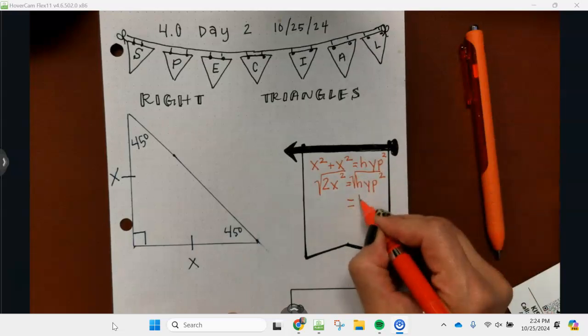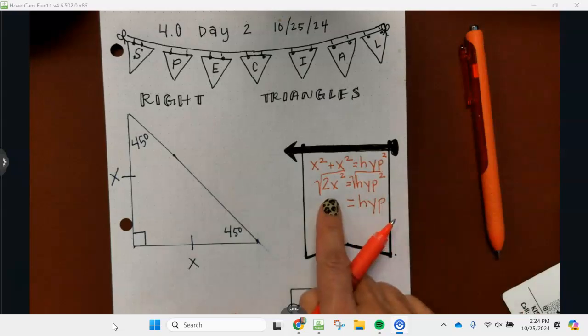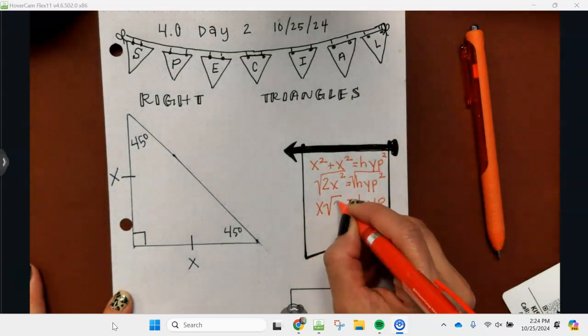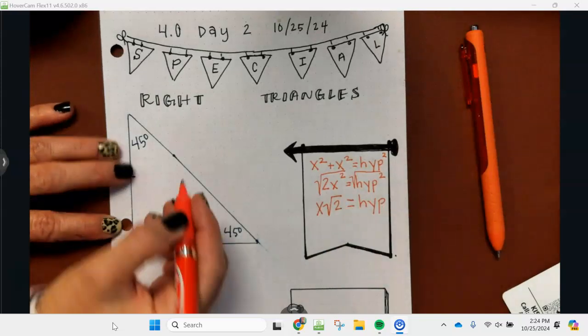So the hypotenuse is going to equal this, but can you guys take out a perfect square? No. What is this going to look like when it's simplified? X square root 2. Very good. X square root 2. That's right. Now, y'all, I'm going to write that pretty big down this line.